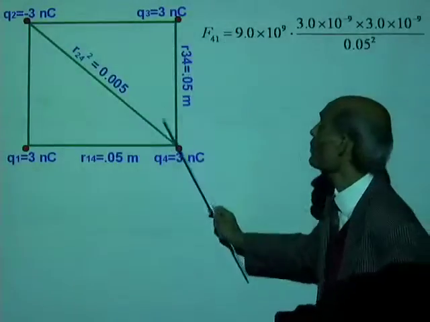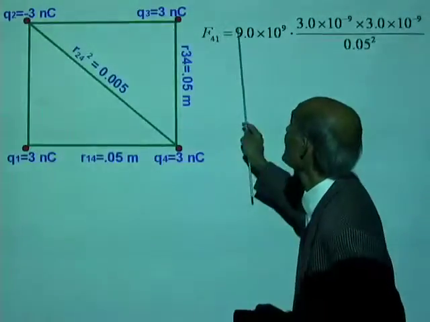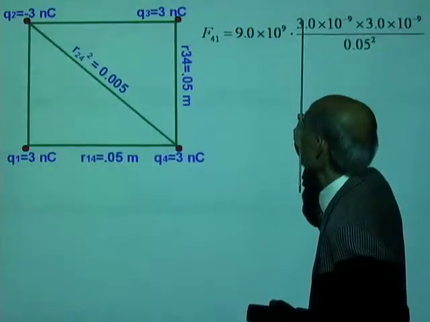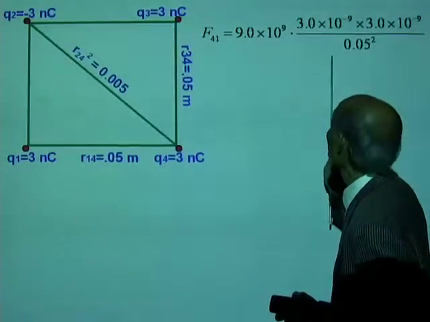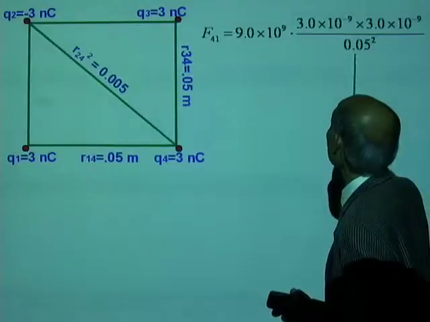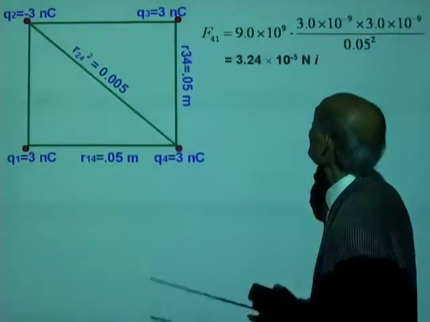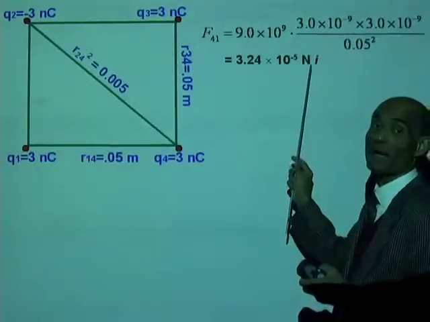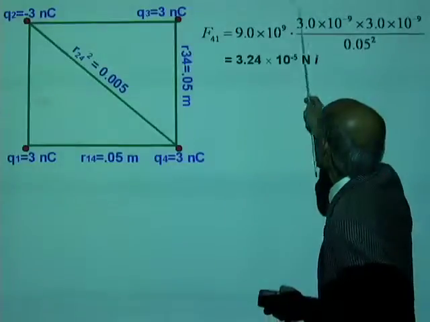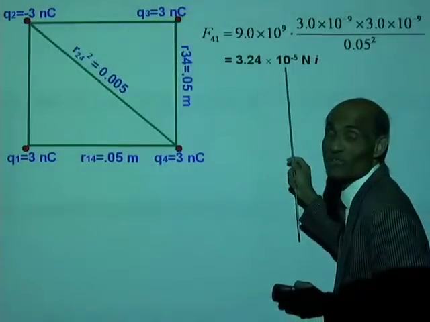F41, the force on charge 4 by charge 1, is K, Q1, Q4, they are both the same, divided by R14 squared, right? And that is 3.24 times 10 to the negative 5 Newton I. Well, if you calculate this quantity on the calculator, you will get this number.